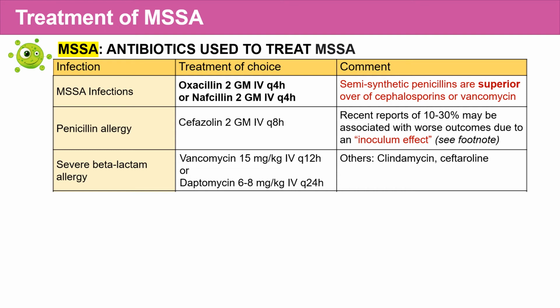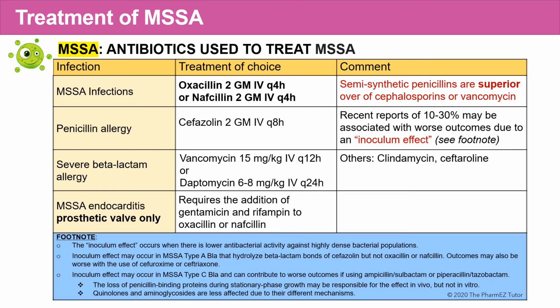Now, there have been recent reports of about 10 to 30% of patients treated with ceftaroline who had worse outcomes when they used ceftaroline for MSSA infections. And this is due to what's called an inoculum effect. And you can see in the footnote what the effect is. Basically, the antibiotic works less well against highly dense bacterial populations, leading to a slightly worse outcome and inefficiencies.